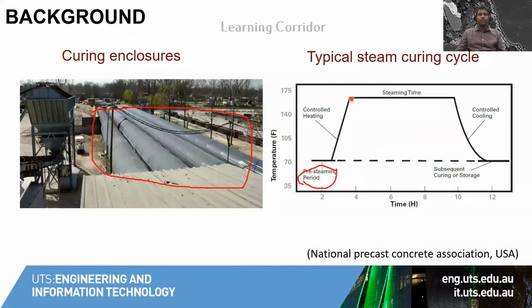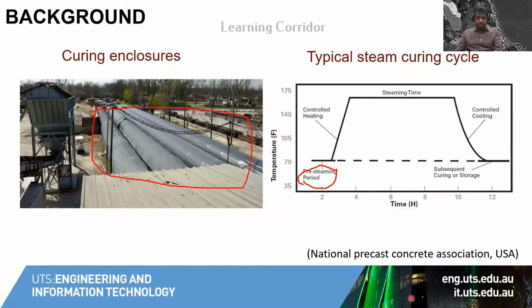The steam curing temperature rises to a targeted temperature and is then kept at a particular temperature, for example 50 or 60 degrees Celsius, for a specific period of time, say anywhere from 6 to 8 or 10 hours. After that, the temperature is ramped down to ambient and the concrete elements produced are stored until delivery.